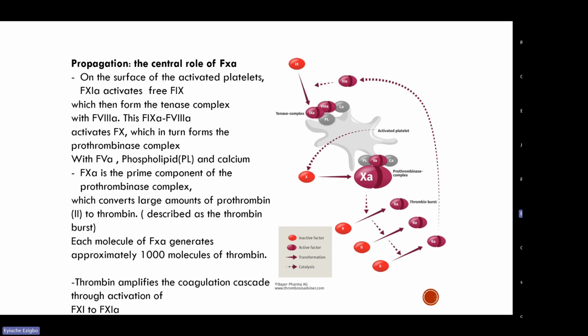If you are following my laser pointer, the thrombin that is being generated will go back into the coagulation system to activate loads of factor 11, and also factor 9 and all the rest. So this is the propagation phase, the thrombin burst, the phase where a lot of thrombin is being generated to go back into the coagulation system, activating lots of factor 9.